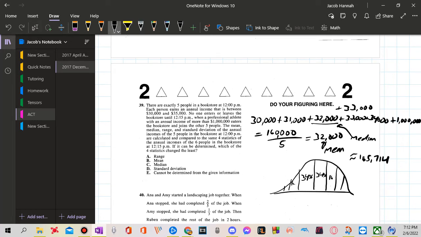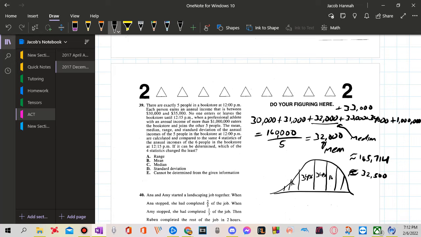Now your median is the number in the middle of your set. Since this number is not really going to change the median, since the median's going to be between these two numbers, your median is still 32,000 plus 33,000 divided by 2, which is equal to 32,500. So that's what your new median's going to be. This is what your mean's going to be now.